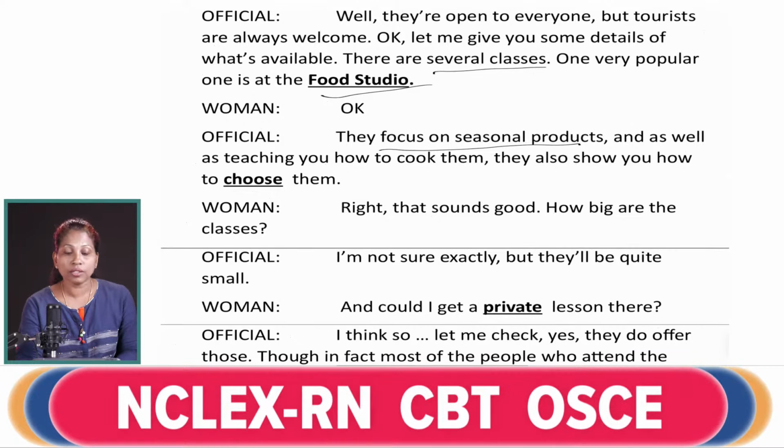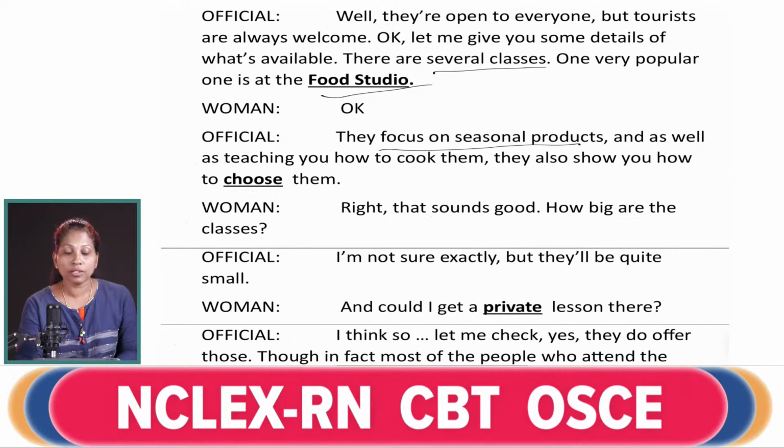What are they aiming at with the class? They focus on seasonal products as well as teaching you how to cook them. So that is already filled here. You can see cook with seasonal products. It has been made into a very compact form. That is the first thing given.